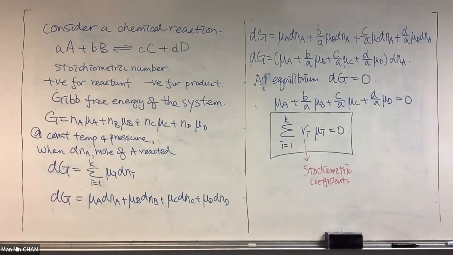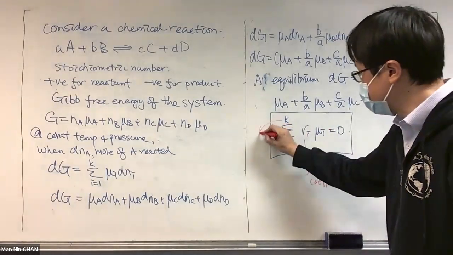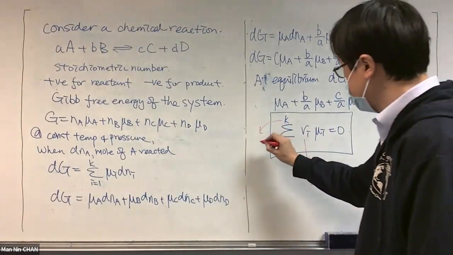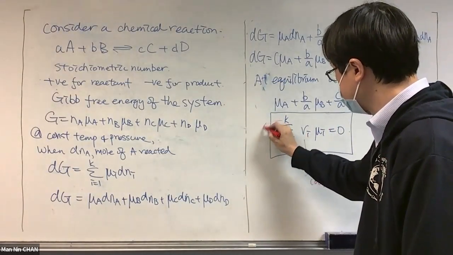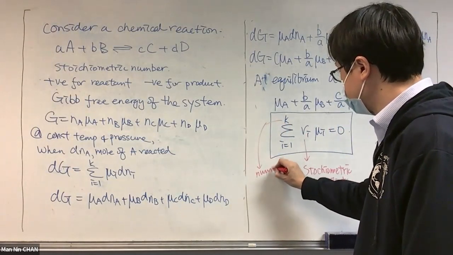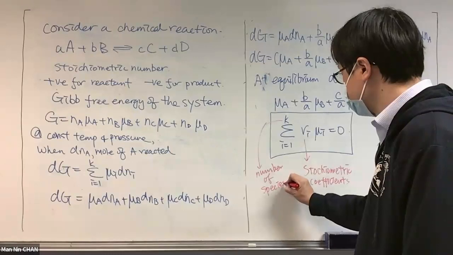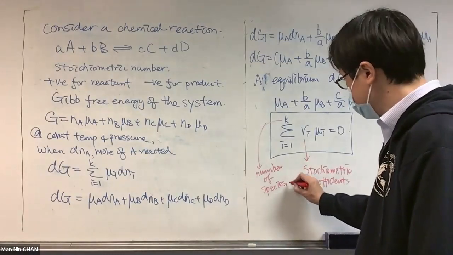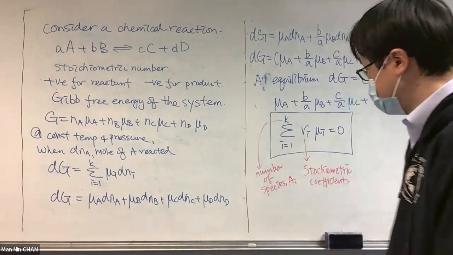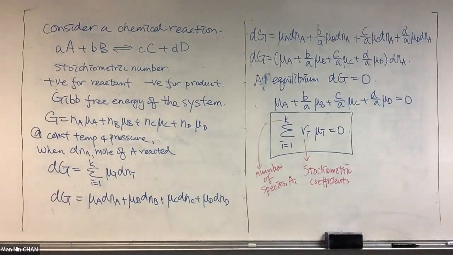Again, the positive is for the reactants and the negative is for the products. K is the number of species you have.